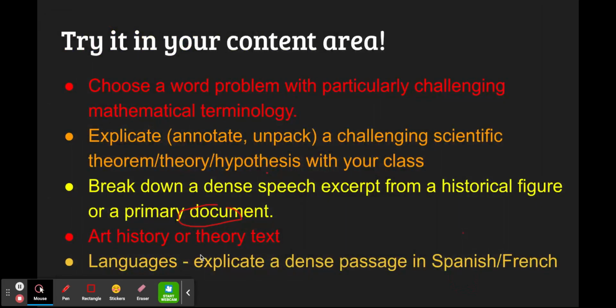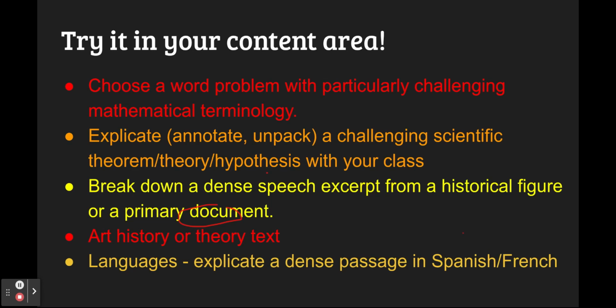Okay, so you could do it with a scientific theorem or a theory or hypothesis with your class if you teach science. History or social studies, you could break down any kind of dense speech or excerpt, or any part of a text that you really want to zoom in on, and focus on that section of the text to really get a main idea that you feel strongly about, that the kids should know.